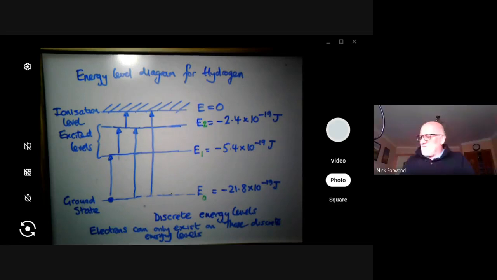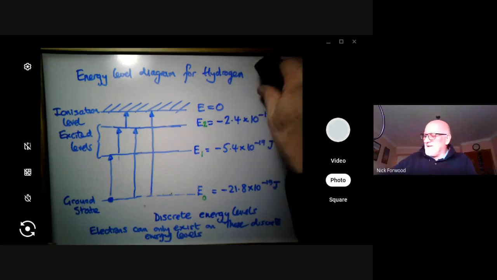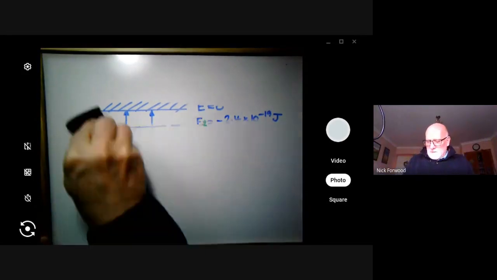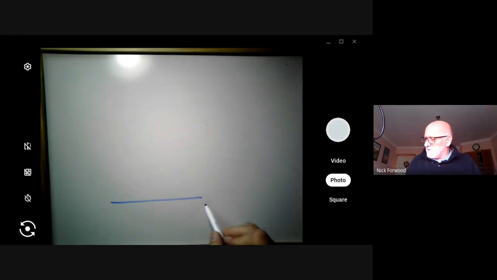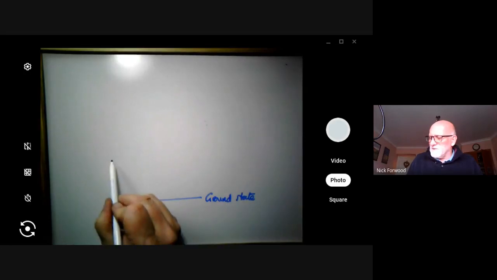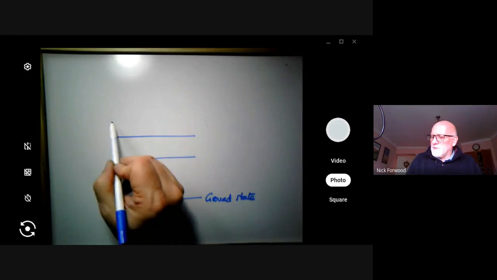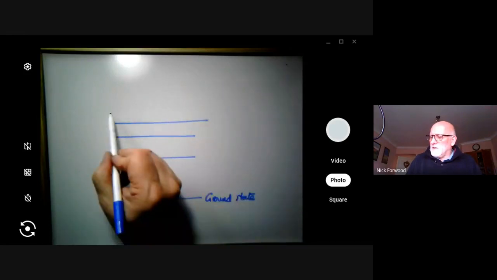Now, we could have a slightly more complicated system where we can stick in another one. So we'll have our ground state. And instead of having 2 excited states, we'll have 3. So I'll put 1 in there and 1 a bit closer there and 1 a bit closer there. And then the top one would be there.